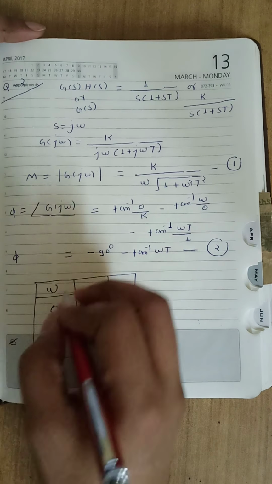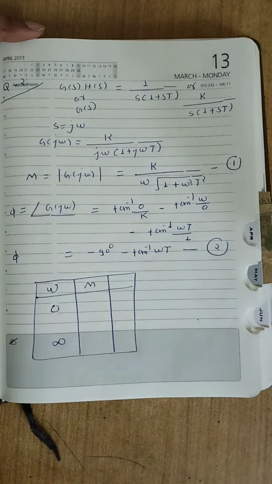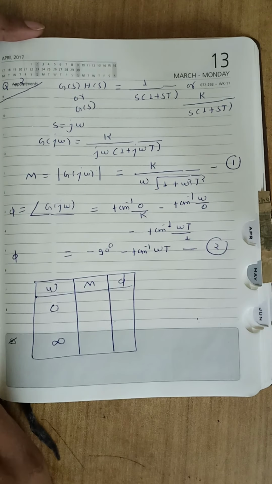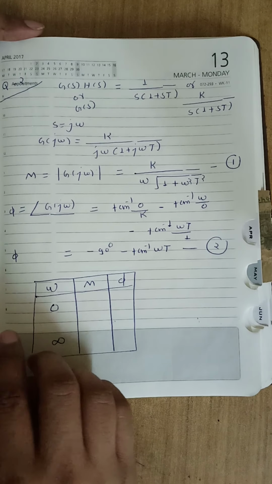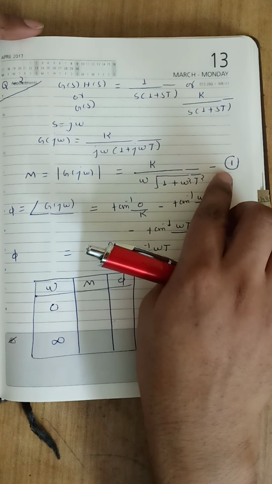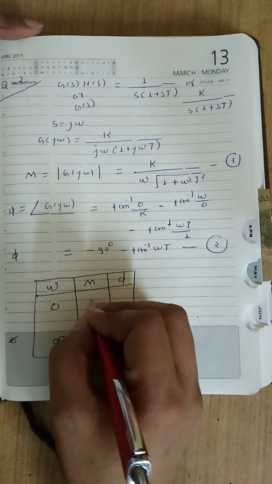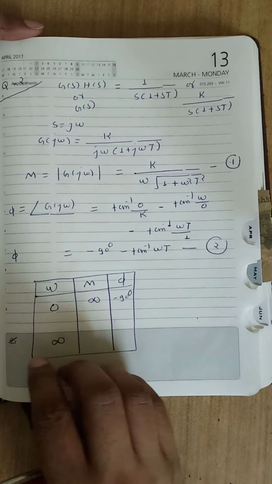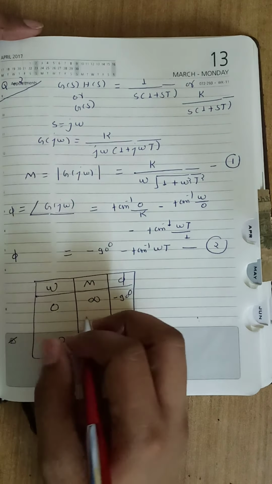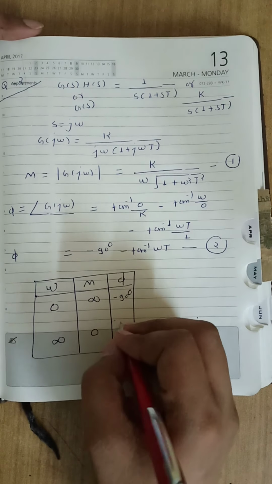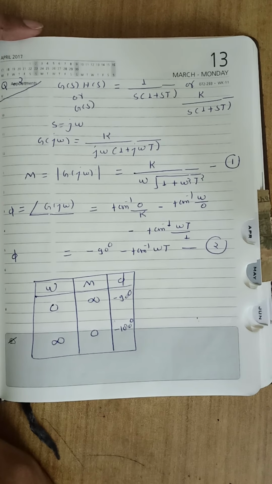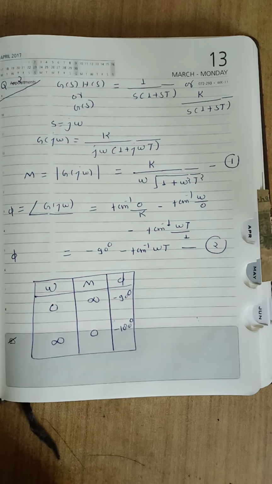Let us calculate the magnitude and phase angle for omega equal to 0. From the first equation, the magnitude is infinity, and the phase angle is minus 90 degree. For omega equal to infinity, the magnitude becomes 0 and the phase angle becomes minus 90 minus 90, so minus 180 degree.